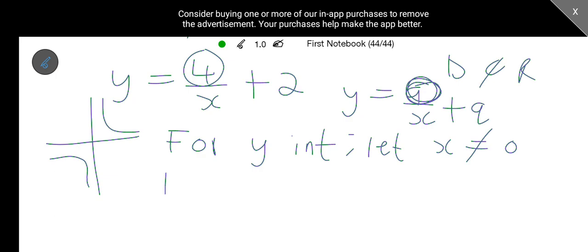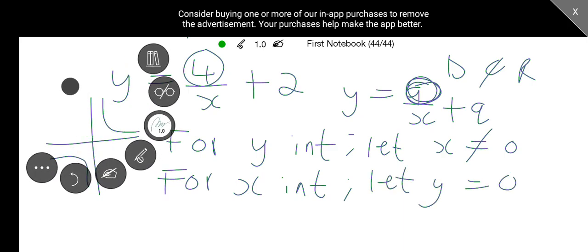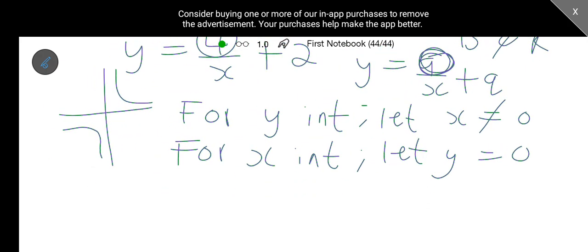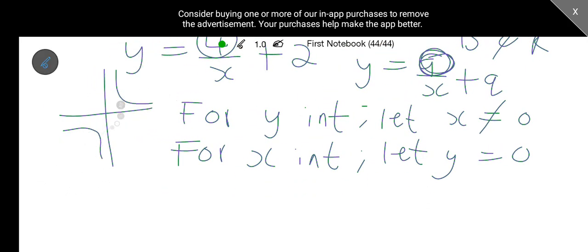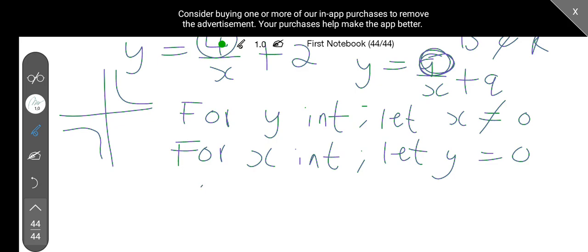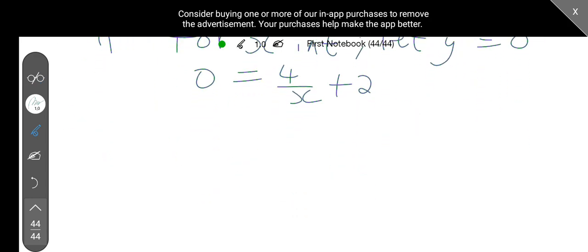So, for the x-intercept, let y be equal to 0. And we're going to cross multiply. We're going to say that 0 is equal to 4 over x plus 2. We're going to take the 2 to the left side and it will become negative.